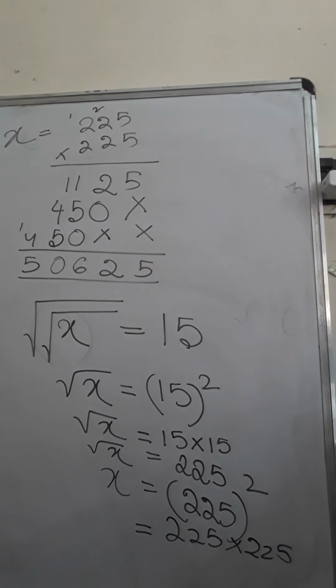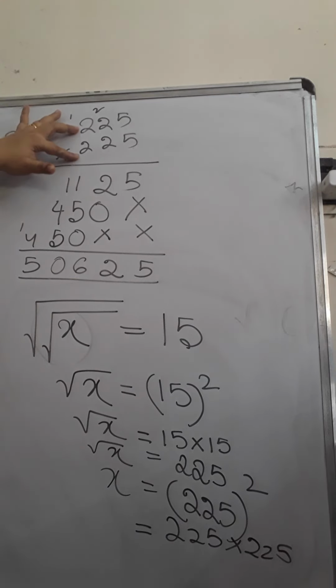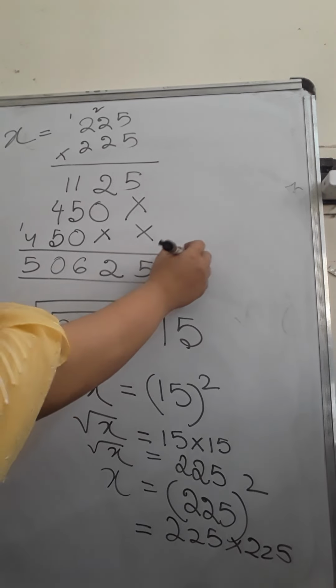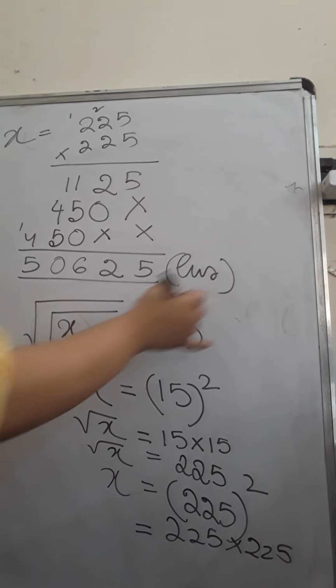So 50625 is the result of multiplying these three digit numbers, or the square of 225, and that is equal to the x value or the unknown number. So 50625 is the answer.